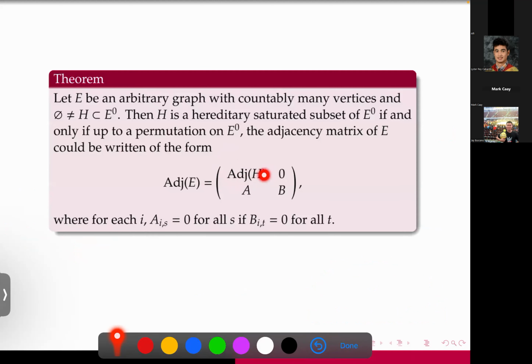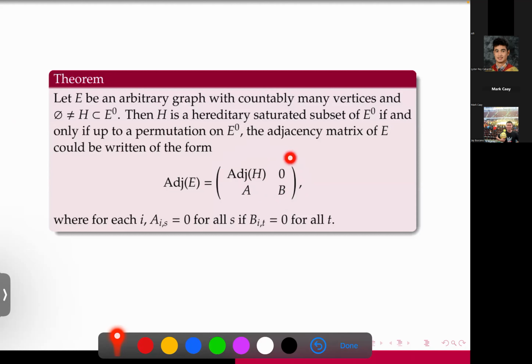This block is called adj H, which is an adjacency matrix of a subgraph, where its corresponding entries on the right would be 0, and A and B are subblocks, where if all of the entries on a specific row of B are 0, then that row of A should also be 0. So you might already know what's happening here.